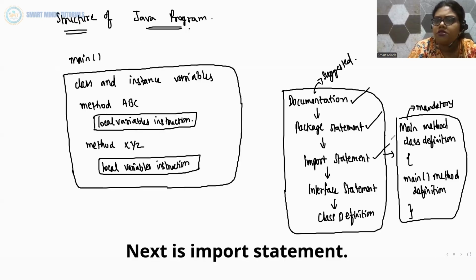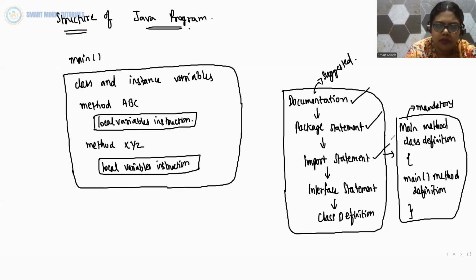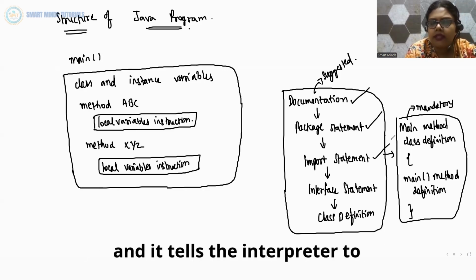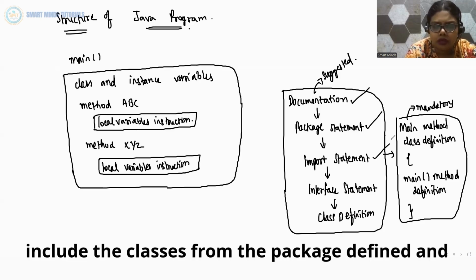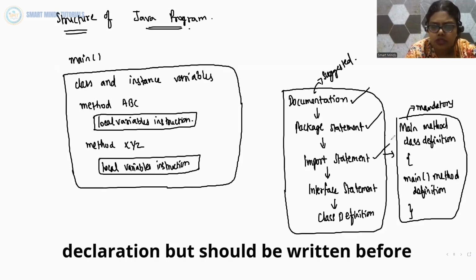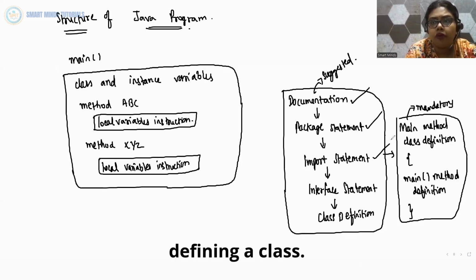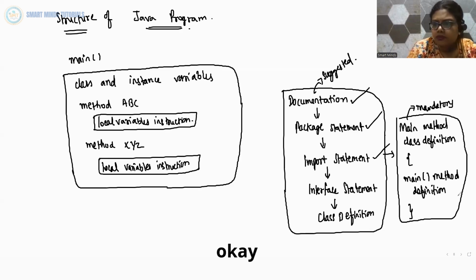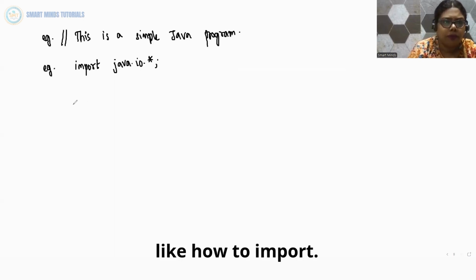Next is the import statement. So the import statement is optional and it tells the interpreter to include the classes from the package defined. And this is the next statement after the package declaration, but should be written before defining a class. There may be a number of import statements. Okay, like how to import.